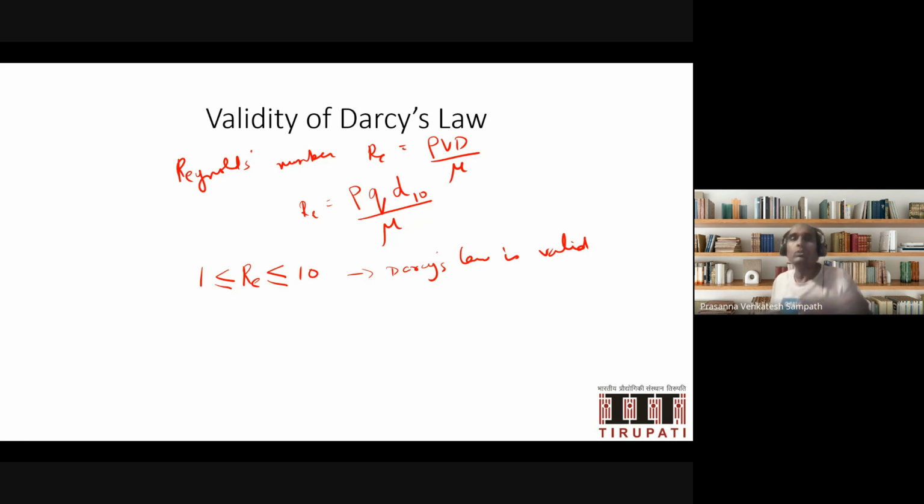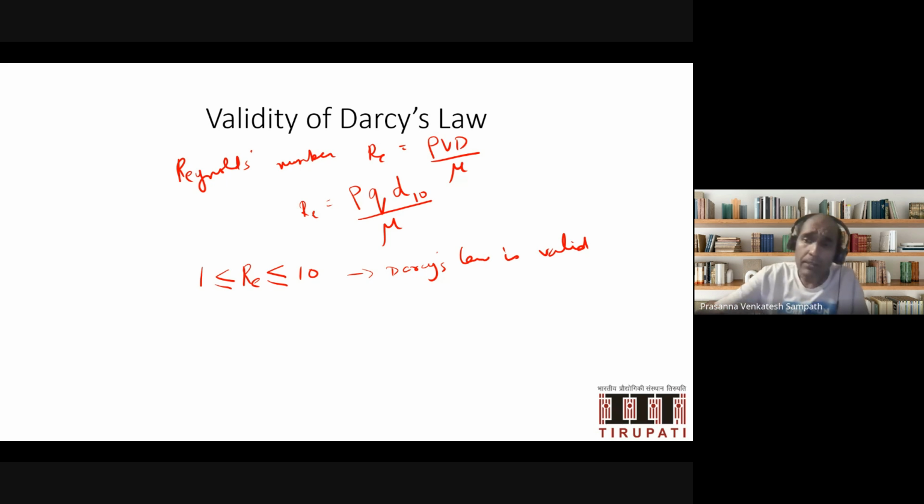Flow is very smooth and predictable when it is laminar, and it's very random and unpredictable when it is turbulent. So as long as the Reynolds number is between 1 and 10, some people say less than 10, they don't even give this lower limit of 1. But I tend to believe that this 1 to 10 range is a good way to understand the validity of Darcy's law.